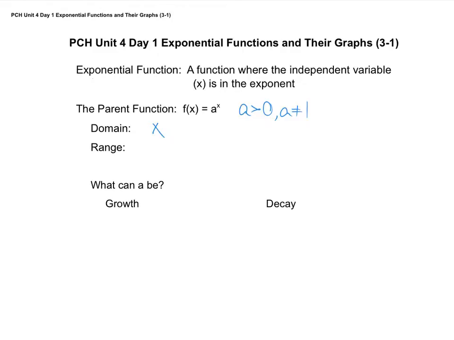Yeah. In fact, if I have something to the 1/2 power, what is that? That's the square root, right? So yeah, it actually can. X can be any real number. X could be any positive number, of course. X could be 0. If I raise something to the 0 power, it equals 1.